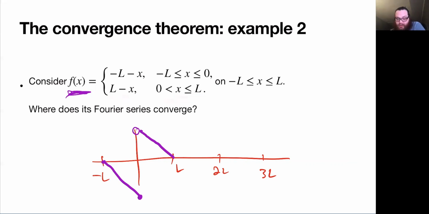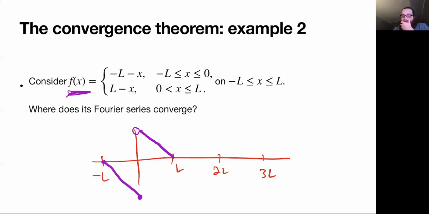And so the question is, where does the Fourier series for this function converge? If we wanted to, we could compute the Fourier coefficients and write out explicitly what the Fourier series is. But here we don't really care about that. We just want a qualitative sense of what the Fourier series looks like.